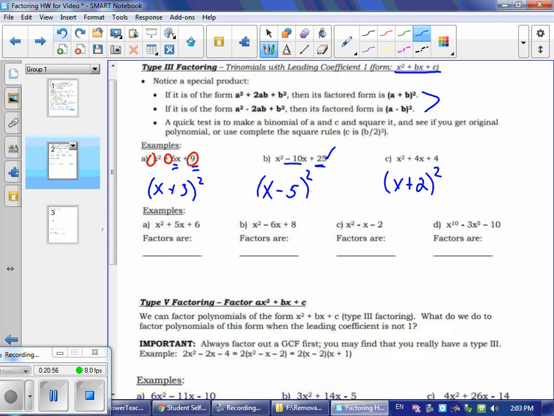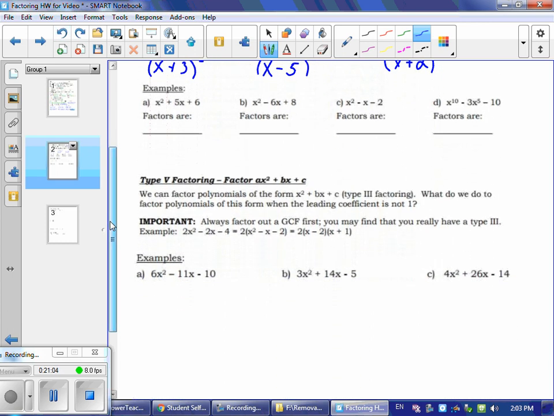The ones below this are not perfect square trinomials, so this is the method you're probably going to want to try and use to do these problems for the most part. To do these, you do need to be good at your multiplication and addition, that's for sure. So the idea is, what do I need, and this only works, by the way, when the coefficient here is 1, it's what do I need to multiply to 6 but add to +5.